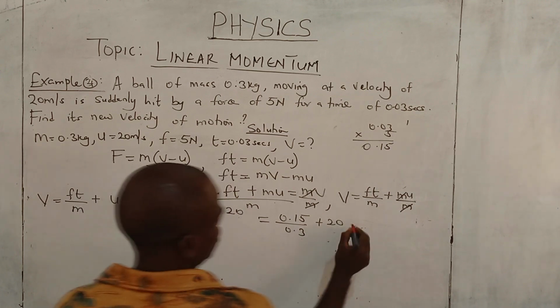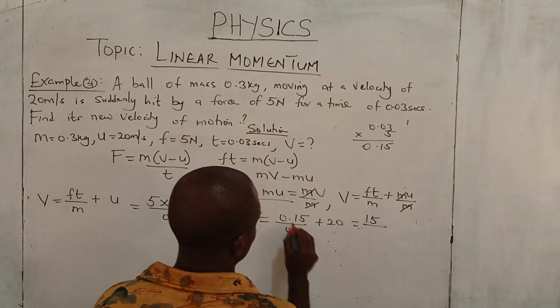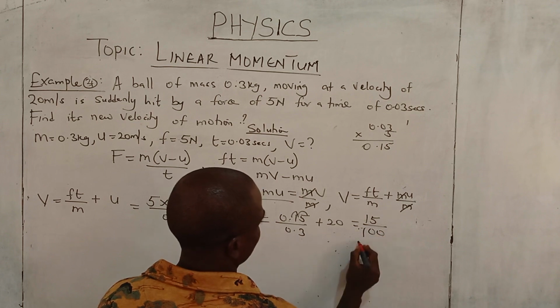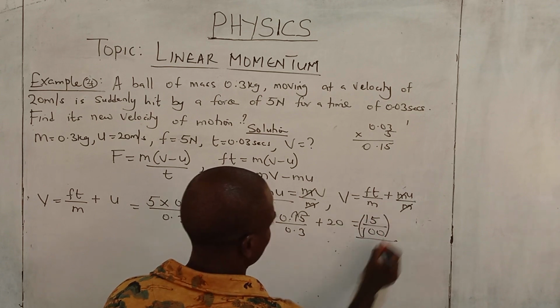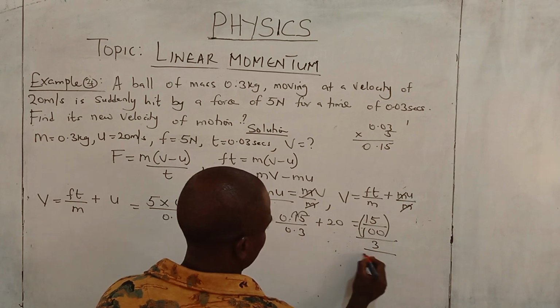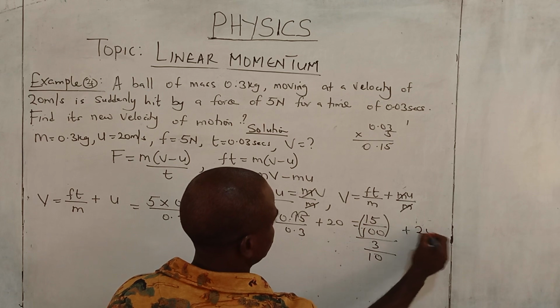Now, to avoid using a calculator, 0.15 has decimal of 2 figures, so 15 over 100. 0.3 has 1 figure after the decimal, so 3 over 10, plus 20.